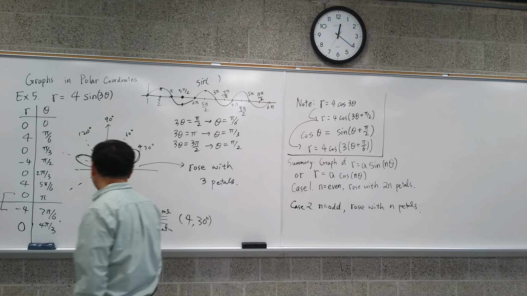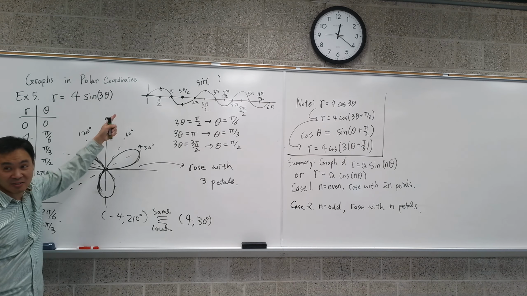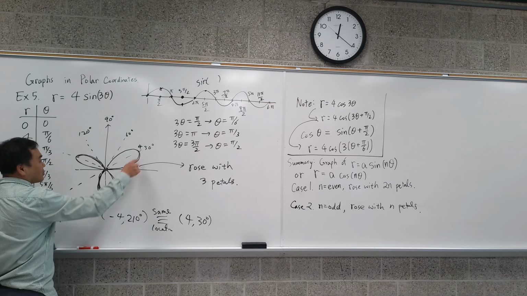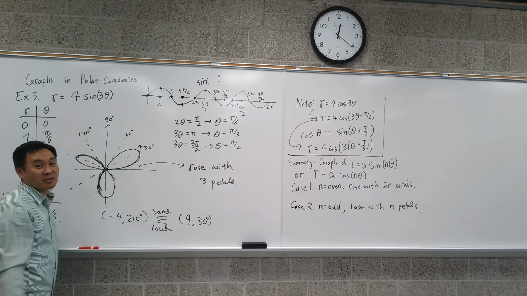So what do you do in that case? Well, one possibility is to put an absolute value here so that you don't allow things to go backwards. If you do that, then you're going to get this, and then another one, and then this, and then you get the nice 6 petal thing.